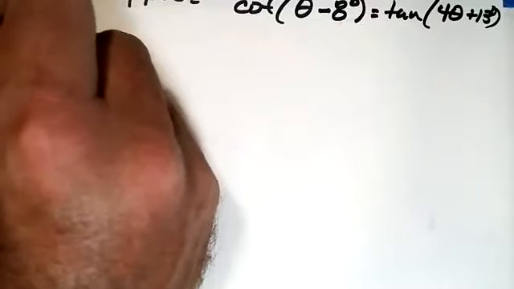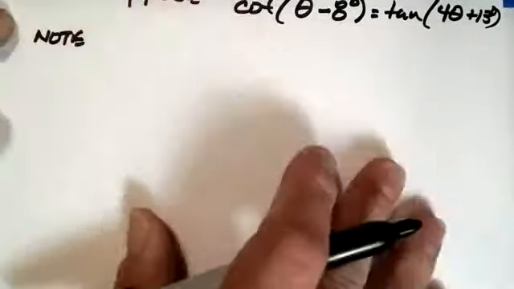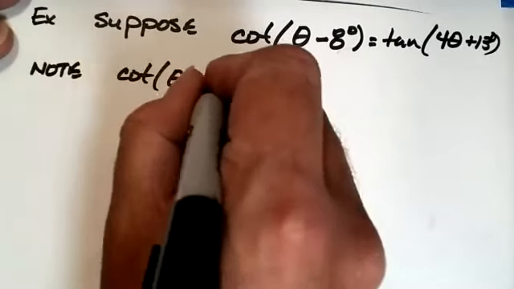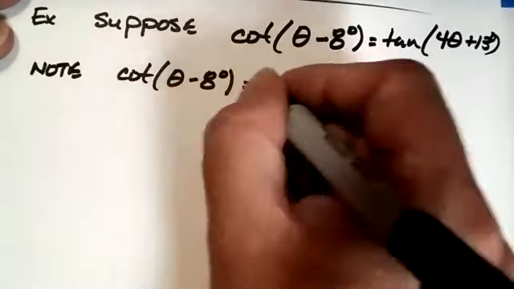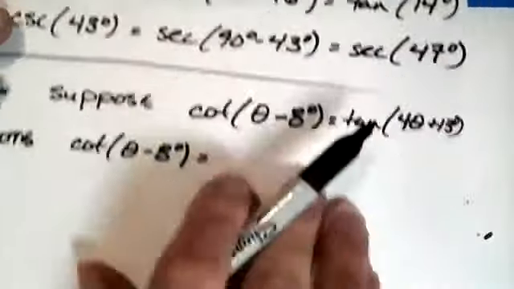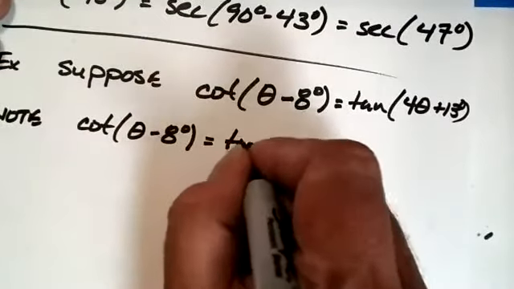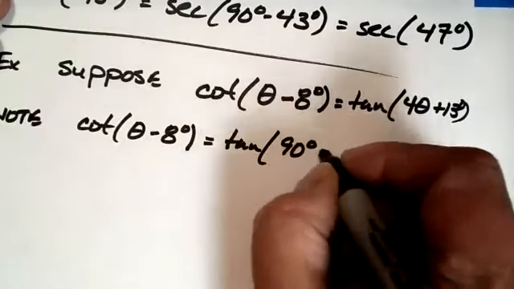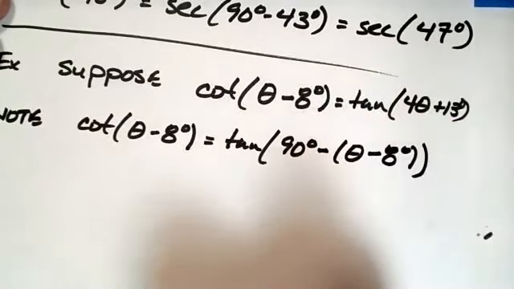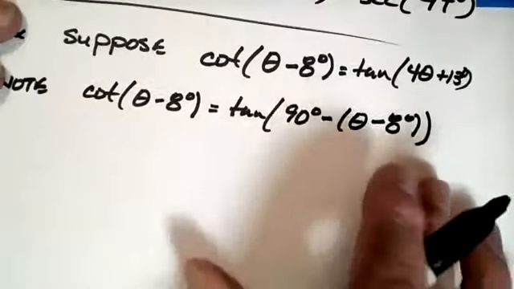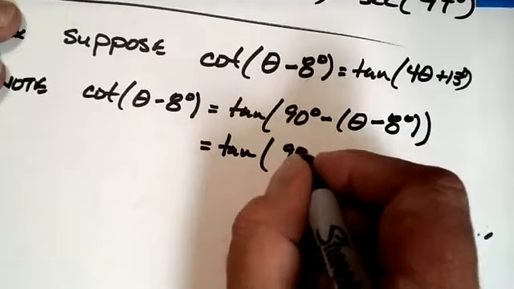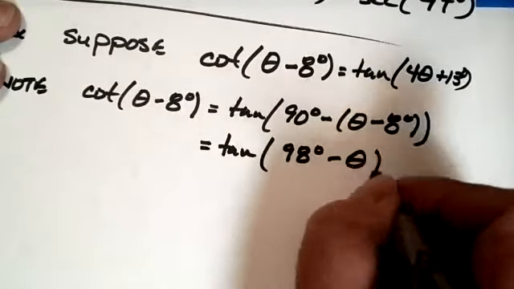So note, and you can start with either one or the other, it doesn't really matter, but note that cotangent of theta minus 8 degrees is equal to, just like we did up here, 90 minus whatever's in here. So you have to be careful with parentheses, but this is tangent of 90 degrees minus (theta minus 8 degrees), which happens to work out to tangent of 98 degrees minus theta.